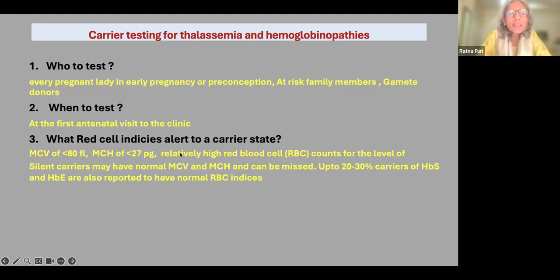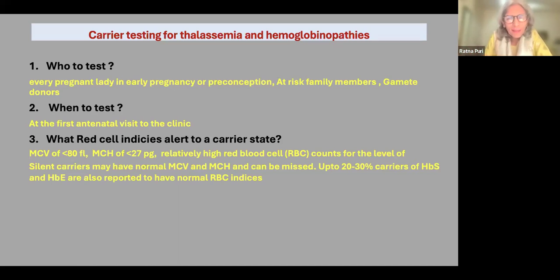What are the red cell indices to alert us to a carrier state? A mean corpuscular volume, MCV, of less than 80 femtoliters, and an MCH of less than 25 picograms. If you have an RBC count which is relatively high for the hemoglobin, for example the hemoglobin is 9 and the RBC count is 5, it should alert you.